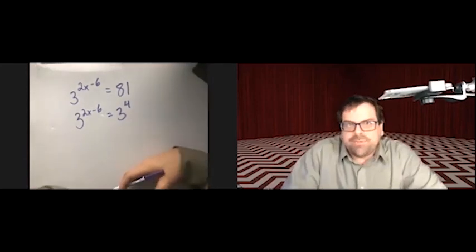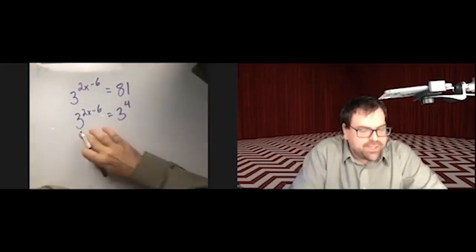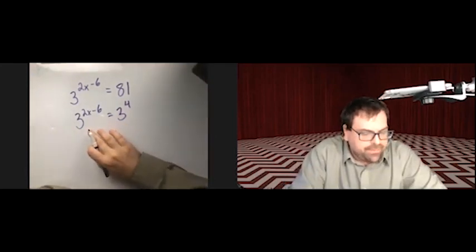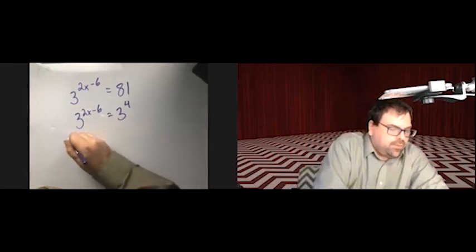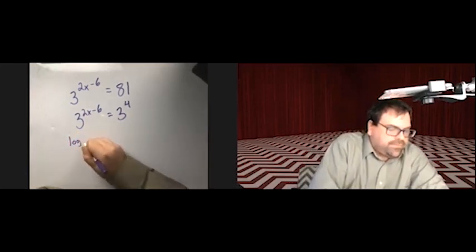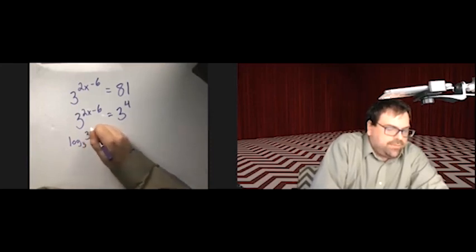So the extra steps here that we don't need to show because it's implied are that we're taking the base 3 log of both sides.